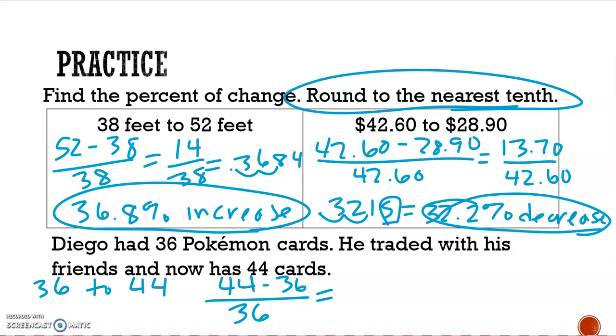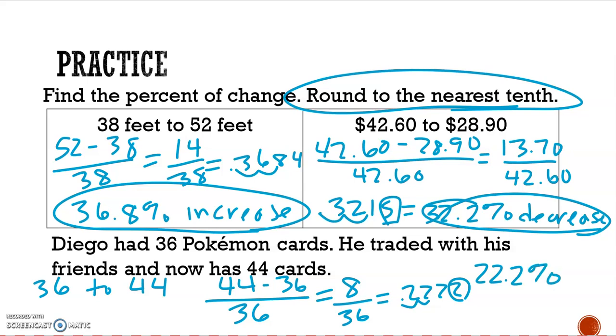So 44 minus 36 is 8 over 36. And when you divide these, you get tons of 2's repeating. So if you write down the first 4, we got 22%. And this 2 tells you to leave the other 2 alone, so it's 22.2%. And he went up in the number of cards, so it is an increase.